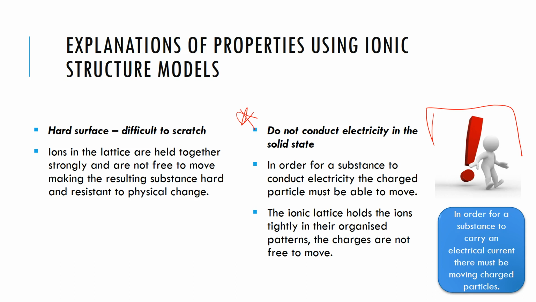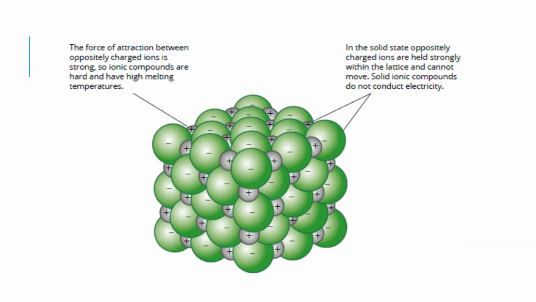In this case, because the ions are held in place, they're not free to move, they're not moving through the substance like the electrons do in a metal, then it won't conduct an electric charge, because they're tightly organized and held in place.